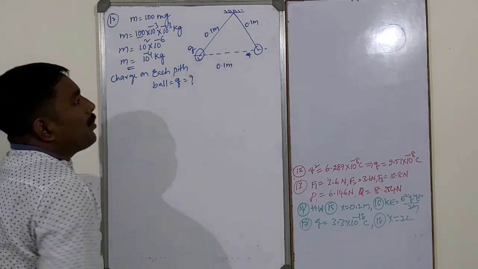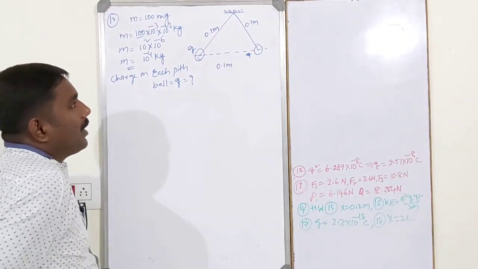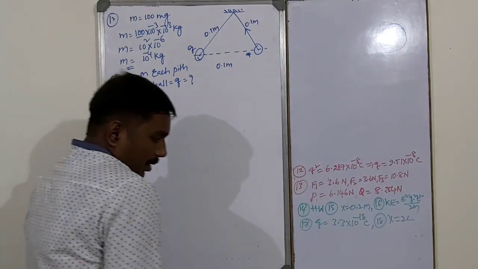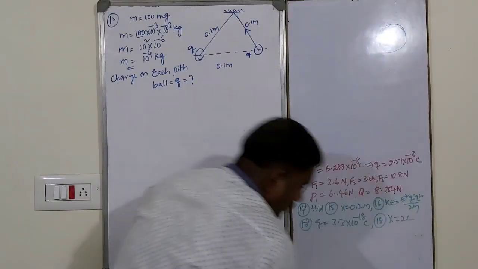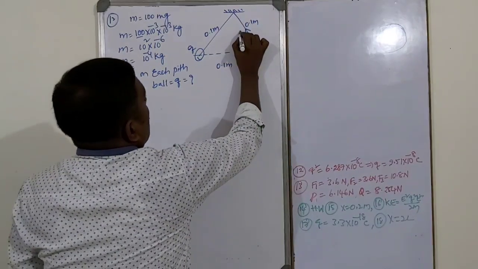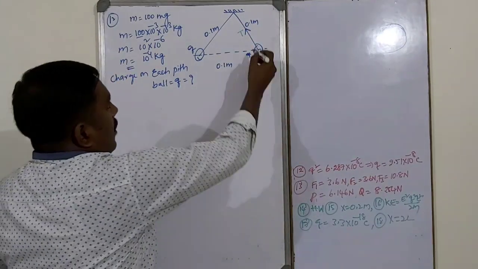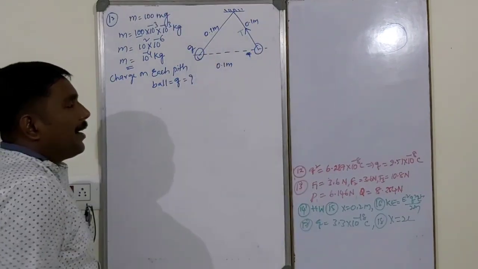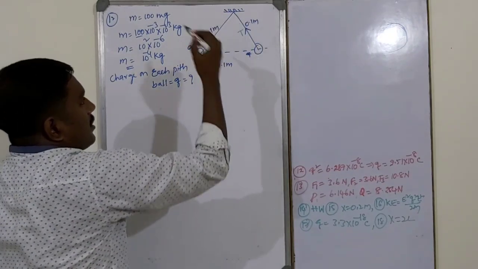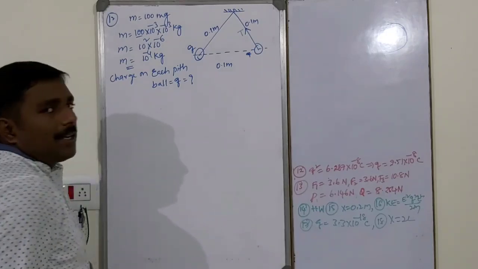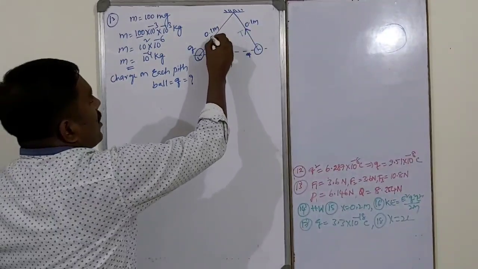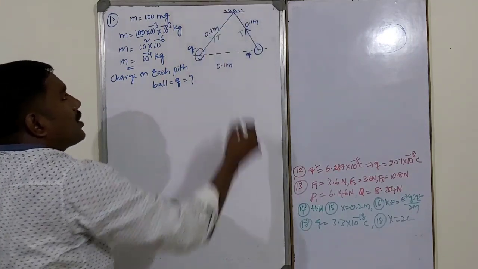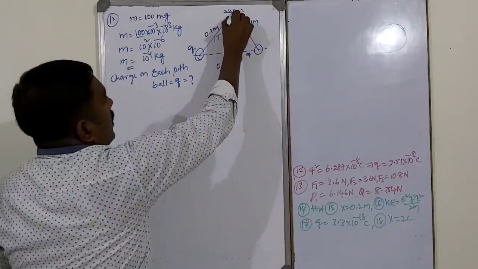Whenever the two pitballs are suspended by using threads or strings, tension will be created inside the string. This is the tension, and the direction of tension is along the thread towards the origin.